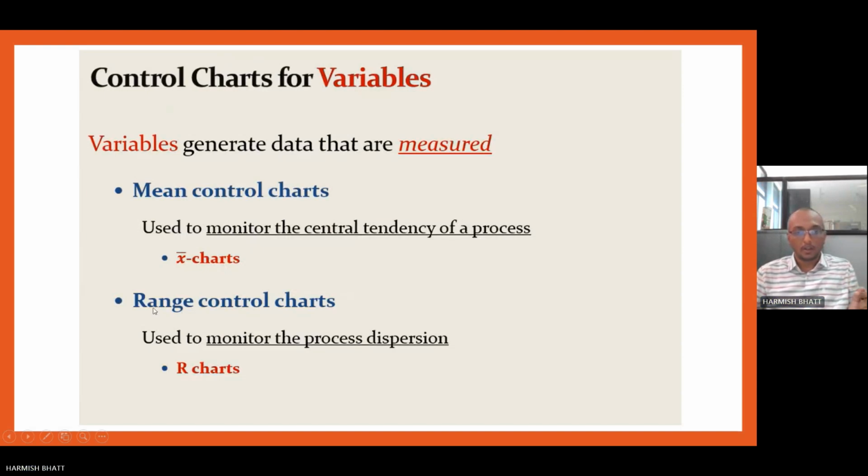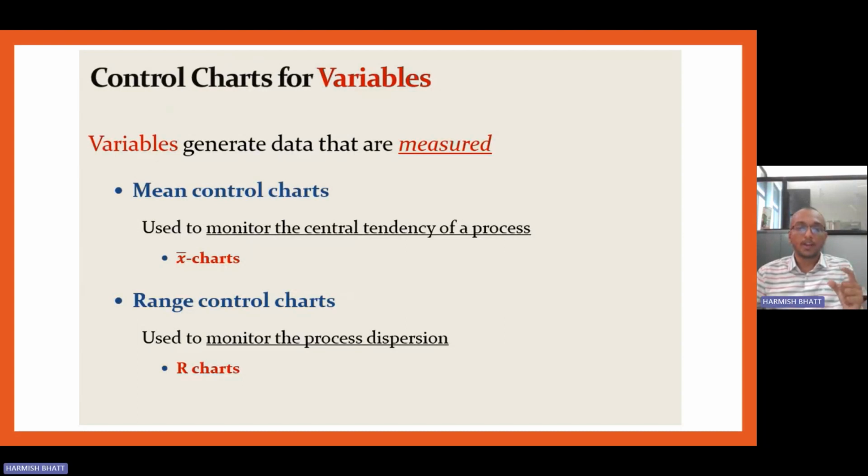And in the range control charts, we are going to monitor the process dispersion. It means that if we are taking one of the samples and suppose 3 items are there, and the quantity that we are going to measure for all these 3 items has the values 1, 2, and 3.